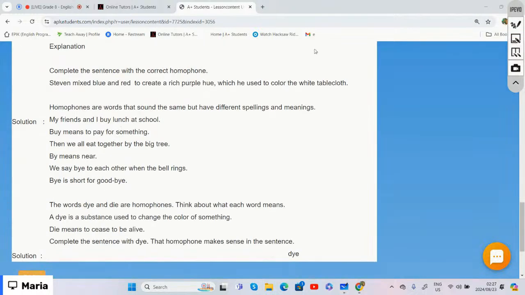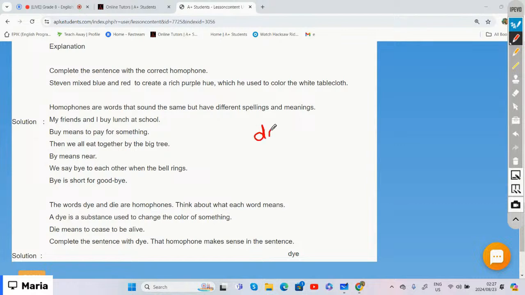So now, if we look at the word that sounds the same as dye, which is D-Y-E, we also have another word, die, D-I-E. These two words are homophones because they sound the same, but the spelling and the meaning of the words are different.